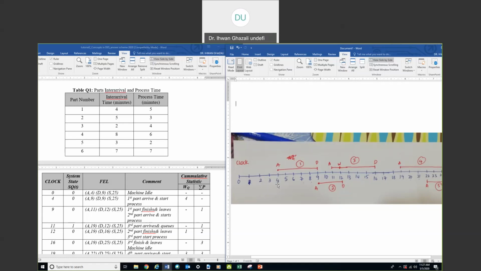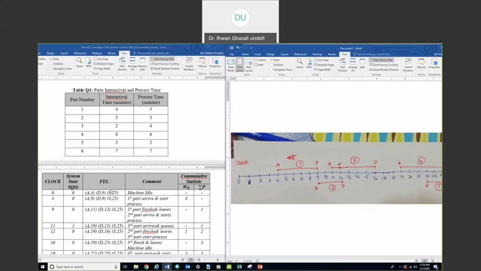The part number one will start at minute 4, and the process time is 5 minutes. And S is the symbol for stop. Stop in minute 25. And the machine is still idle, no process, because this is future, not process yet. Please remember this one.